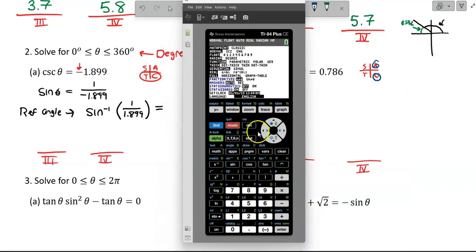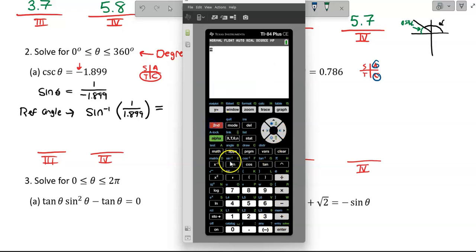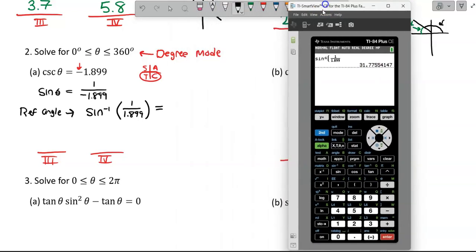So let's switch over to degree mode. Degree mode, done. Okay, we're going to do second sine, insert my fraction. It's 1 over 1.899. Enter. All right, so we have 31.77. Now, for degrees, you can be a little less precise. I'm going to still write 2 decimal places.